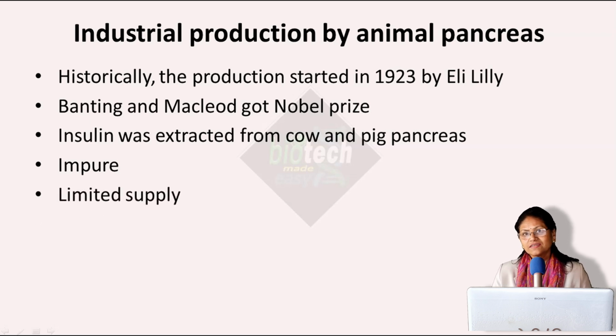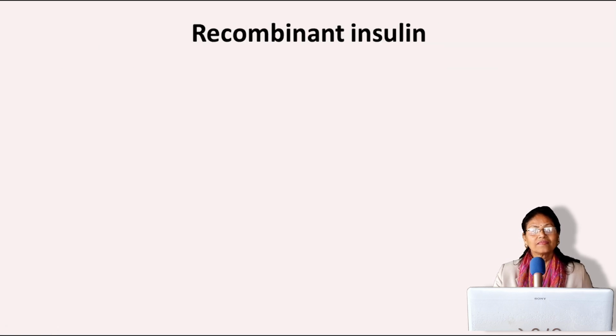Of course, the supply was very limited at that time. According to an estimate, for 1 pound of insulin, around 8,000 pounds of animal pancreas was needed. So you can understand how many animals were sacrificed for that. And that too was not sufficient for all the patients at that time.